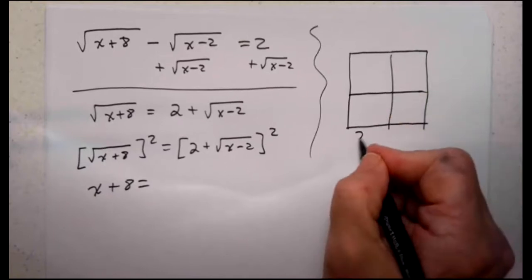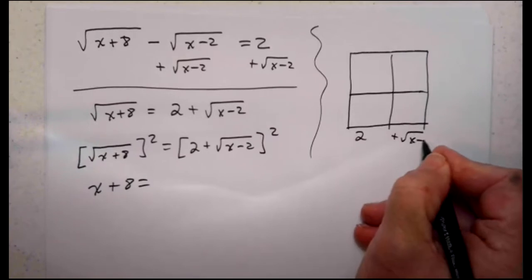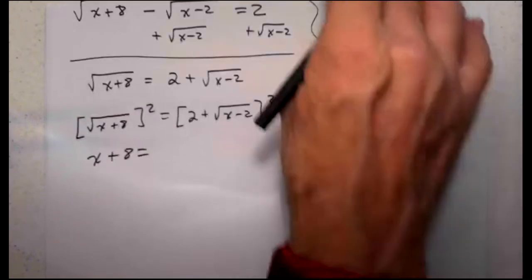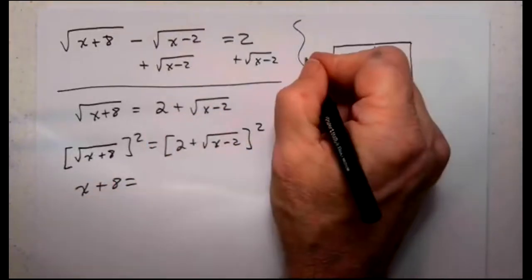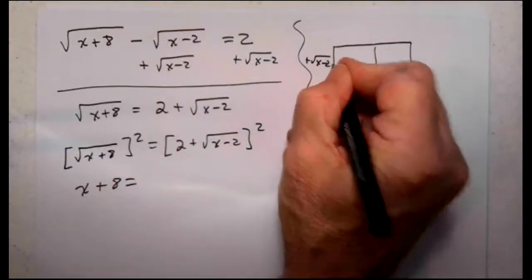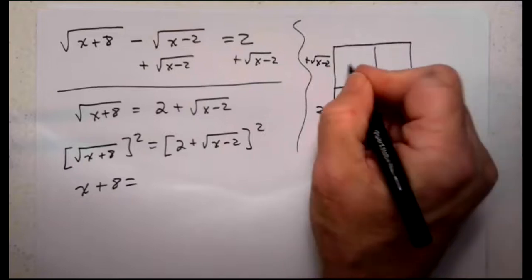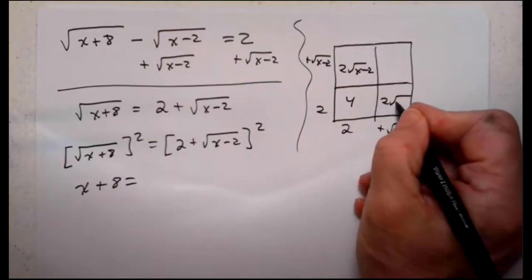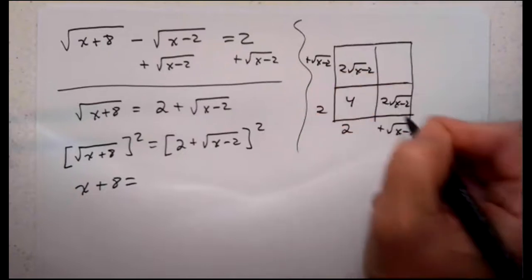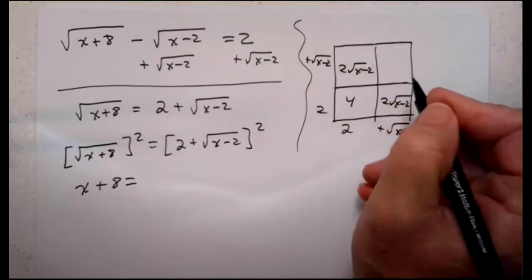What do I have? 2 plus root x minus 2, 2 plus root x minus 2. 2 times 2 is 4. This is 2 root x minus 2. This is also 2 root x minus 2. And root x minus 2 times root x minus 2 is x minus 2.